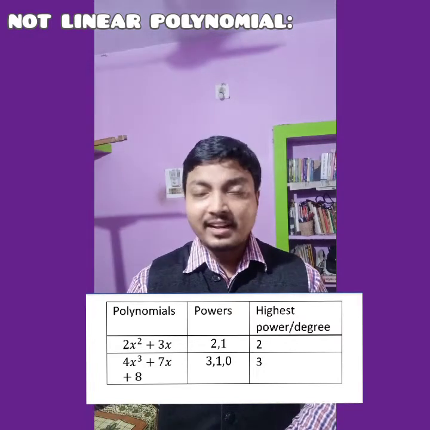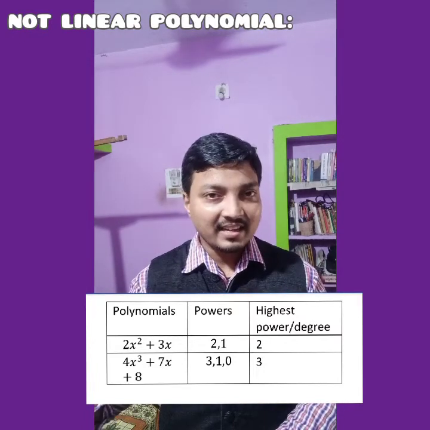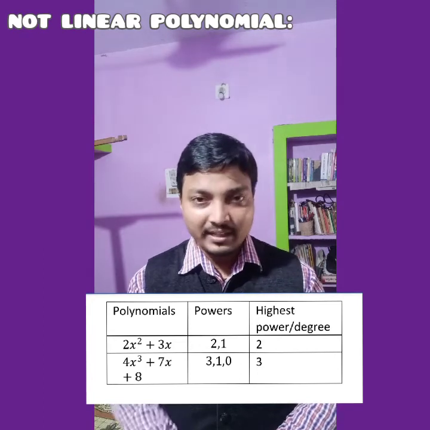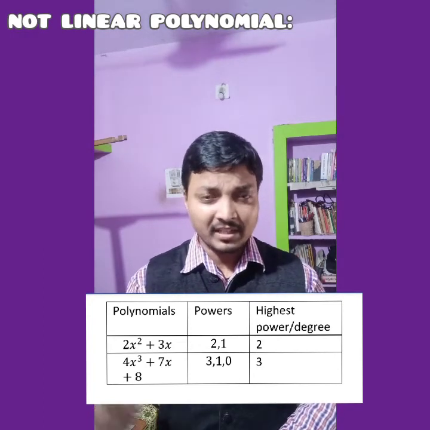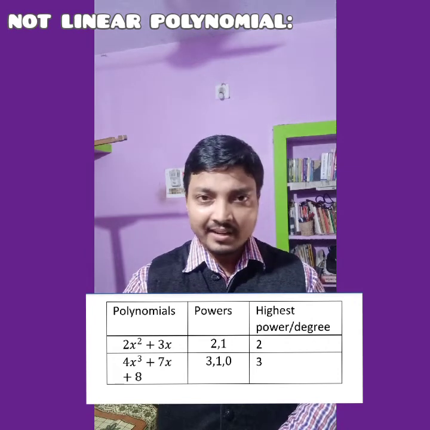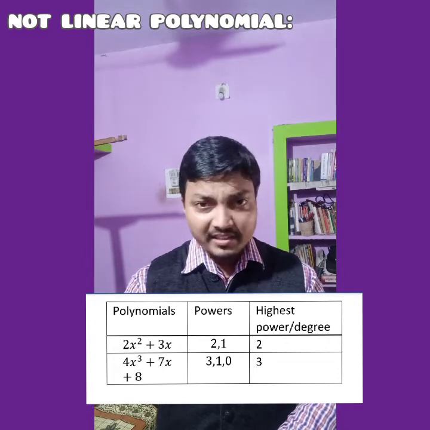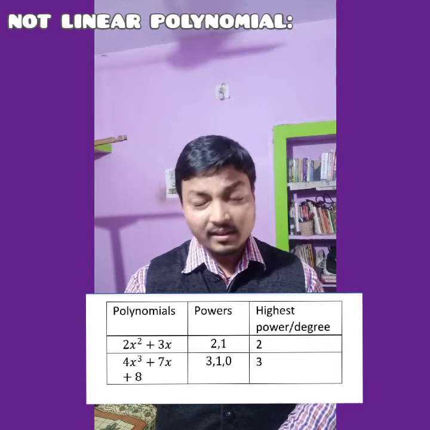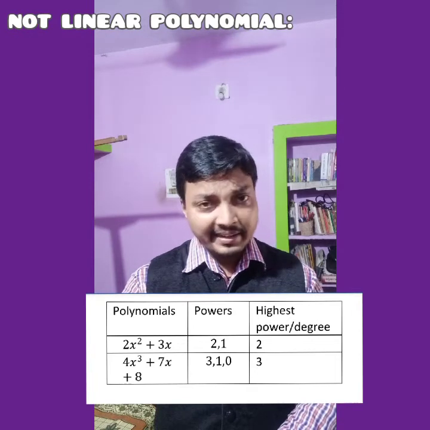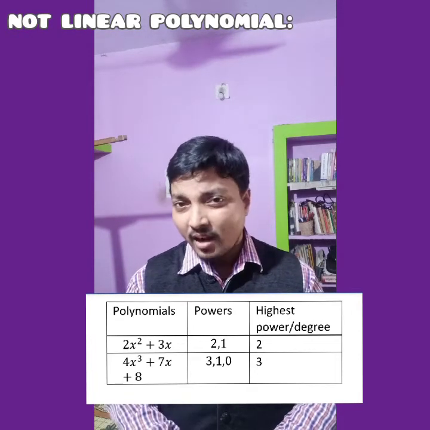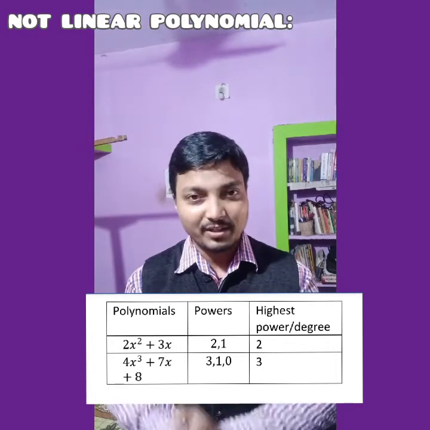The highest power is 3, so we cannot call it a linear polynomial. Here the degree is 3. The highest power of the variable means the degree. As the degree is 3, we cannot call the polynomial a linear polynomial.